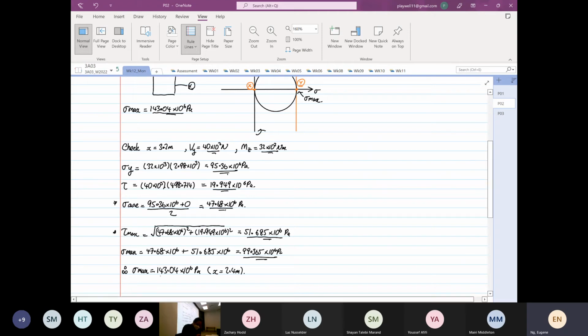So now you can use this value over here, go to the materials handbook and select your material, where you combine the shear force and bending moment.